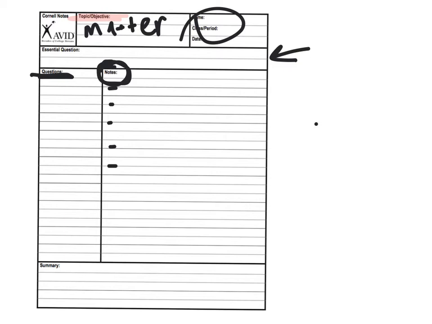If you have any abbreviations, like the and sign, or with, or between, you abbreviate the notes so you're not writing everything word for word.